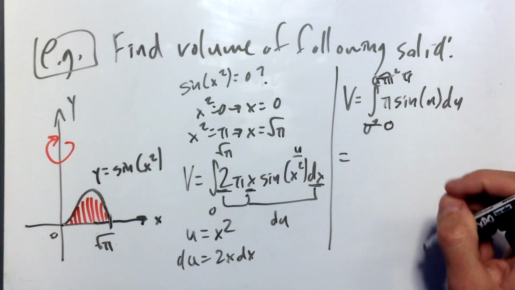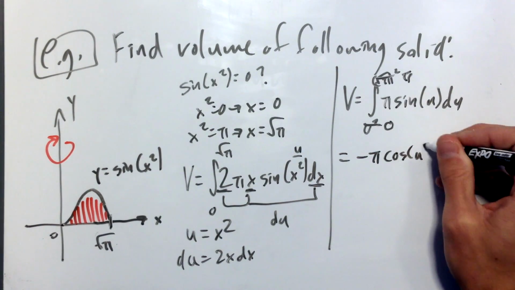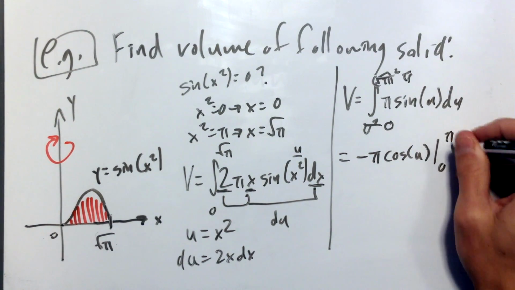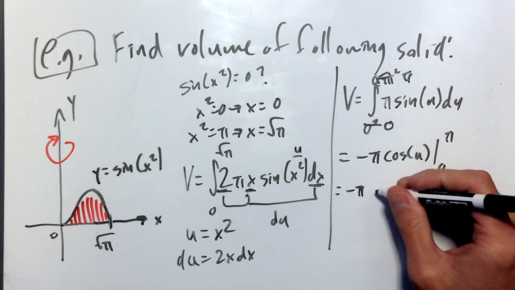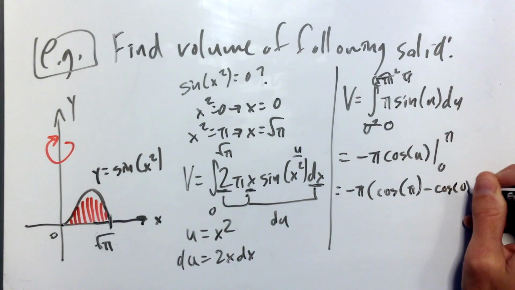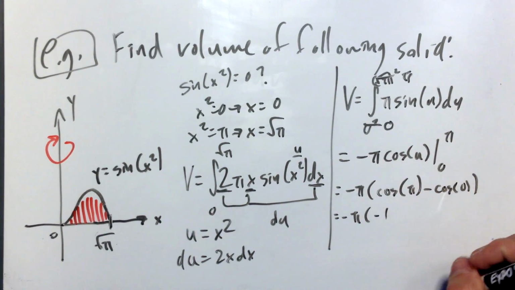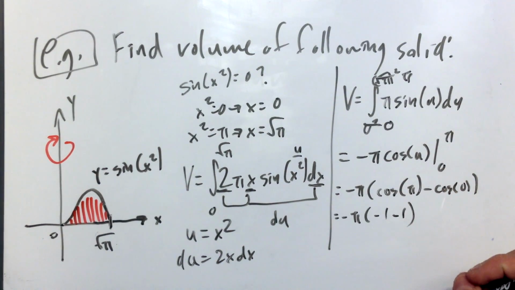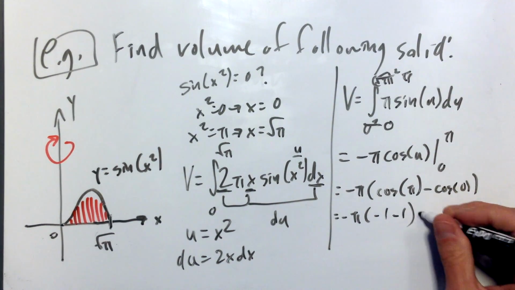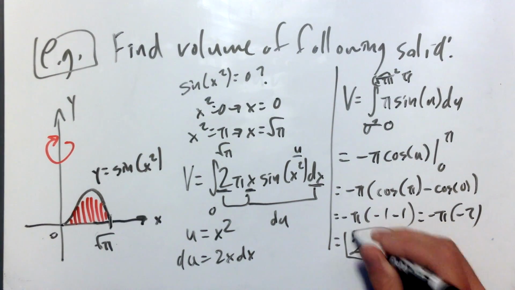So the antiderivative of sine is negative cosine, so I get negative pi cosine of u going from 0 to pi, which is negative pi times cosine of pi minus cosine of 0. Cosine of pi is negative 1, cosine of 0 is 1, so I have negative pi times negative 2, which is 2 pi.